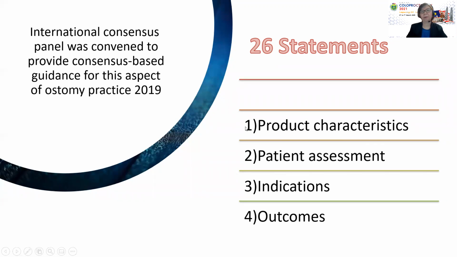They divided the consensus into 4 parts. One is about product characteristics, meaning what product characteristics are suitable for the patient, as a guide for nurses who are managing patients that need convex. And also some guidelines on patient assessment, the indications for use of convexity, and also some outcomes.